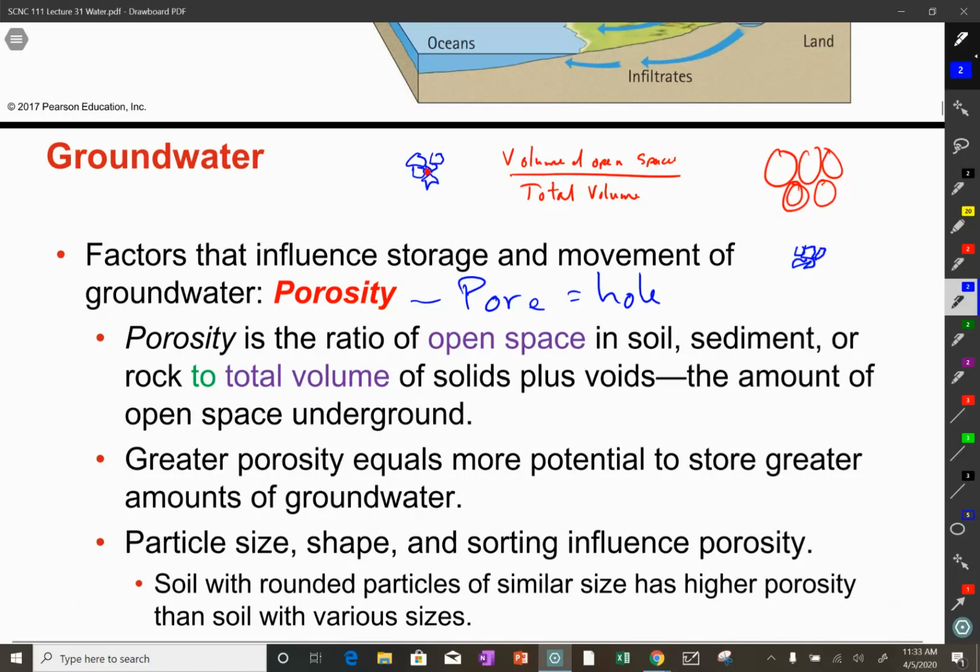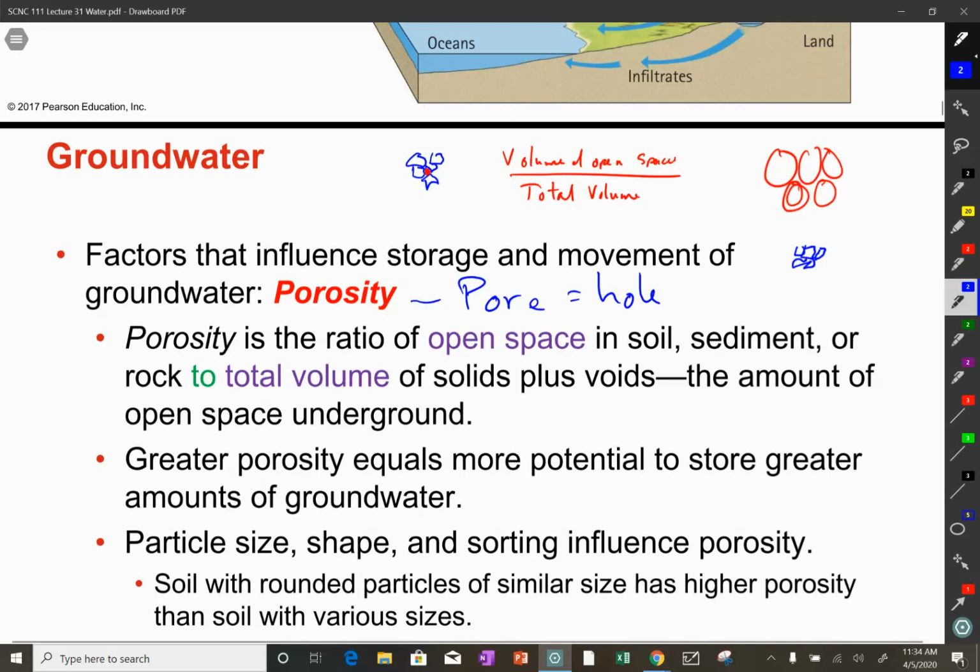This is actually illustrated. I saw a pastor do this as a children's story once, where you have a bucket full of sand and you try to put ping pong balls in. And there's nowhere close to enough room to get the ping pong balls in because the sand packs really tightly.